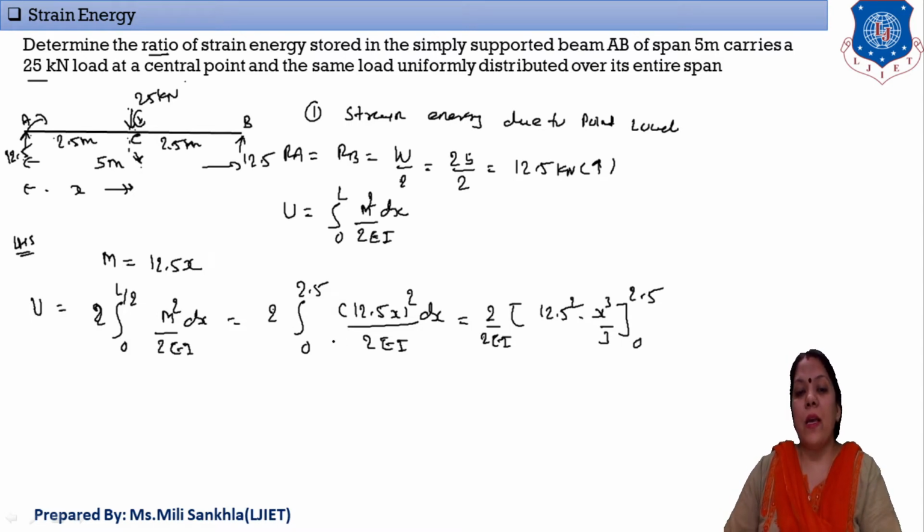Clear? Now put the value x is equal to 2.5.